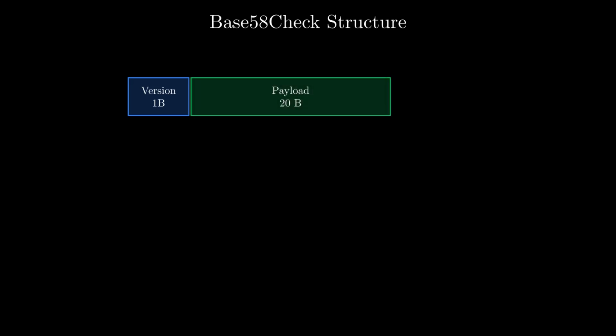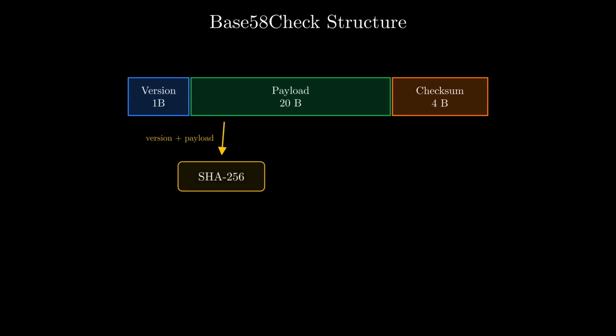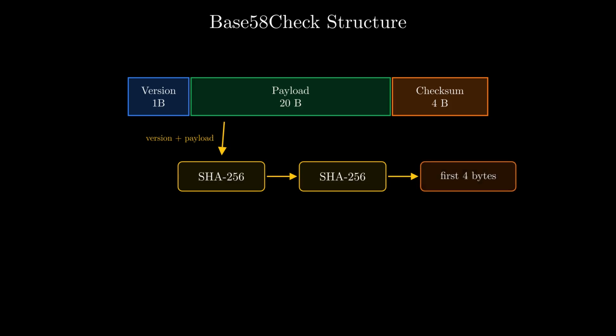Now the full structure. A Bitcoin address is Base58Check, which wraps 3 pieces: a version byte, a payload, and a 4-byte checksum. The payload is typically a 20-byte hash of a public key. The checksum is computed by running SHA-256 twice on the version plus payload, then taking the first 4 bytes.